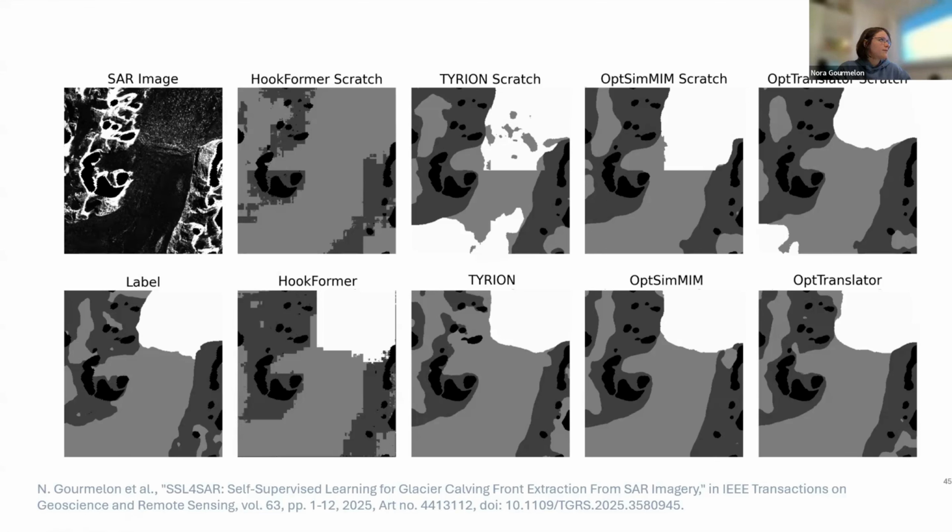And then one very interesting point is if you compare Tyrion with ImageNet pre-trained weights to either of the pre-trainings on the in-domain dataset with our own pre-training schemes, you can still see that ImageNet pre-training works better than pre-training only on our in-domain dataset. And that probably has two reasons.